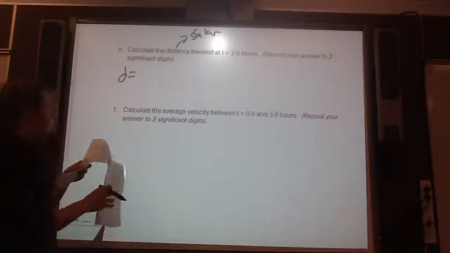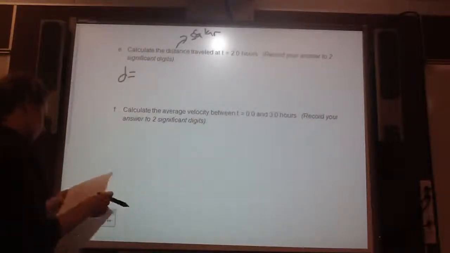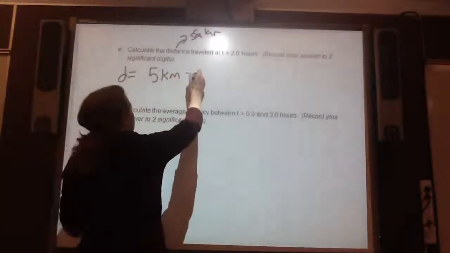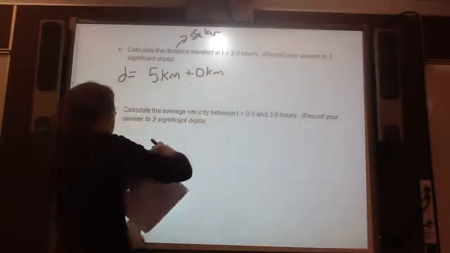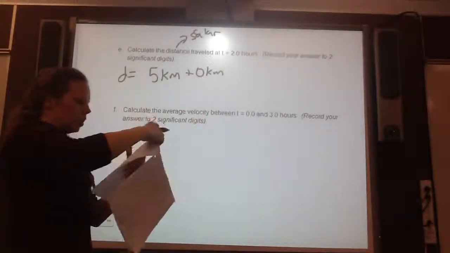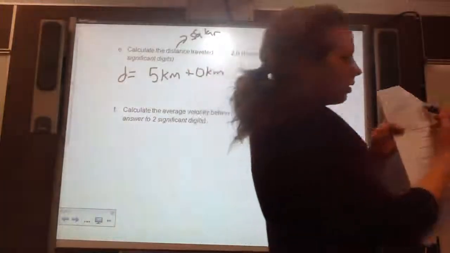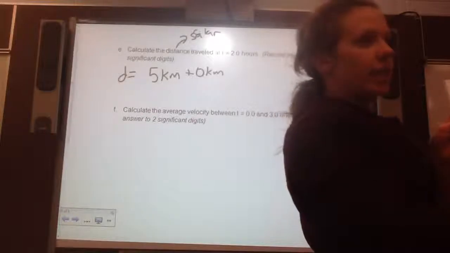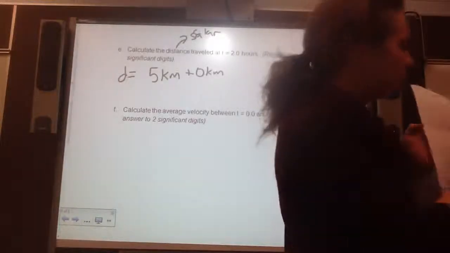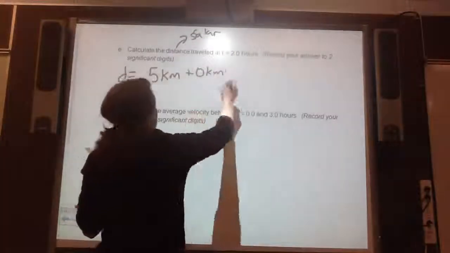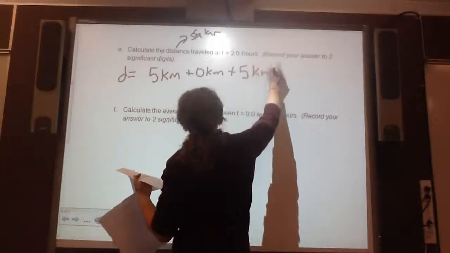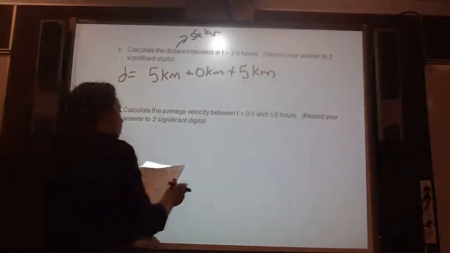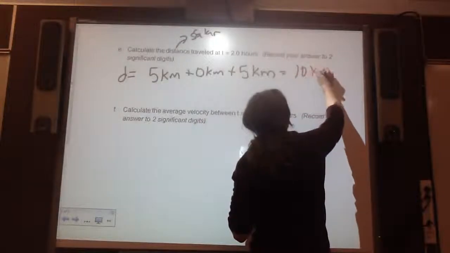So first, I went 5 kilometers, and then I was at rest, that's 0 kilometers. Because the first line, you might say, well, I went up to 10K, but you went from 5 to 10, so that's 5 kilometers. Then you went none, and then you went back down to 5, so that's plus 5 kilometers. And then I'm at 2 hours. So that's equal to 10 kilometers is my distance.